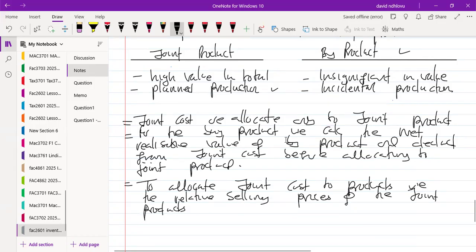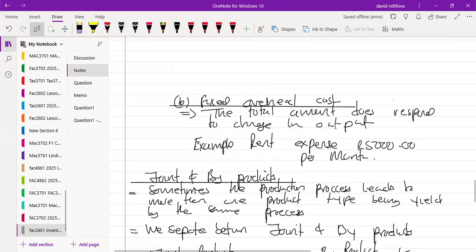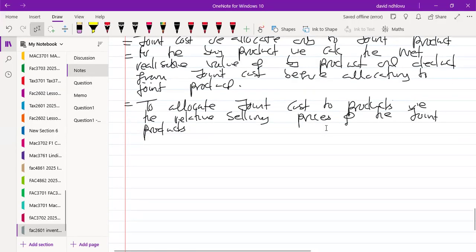Right? So those are the notes for a situation where joint products are produced in a process of manufacture. Whenever you have joint products, you need to be able to deal with that. So let's go to a question.